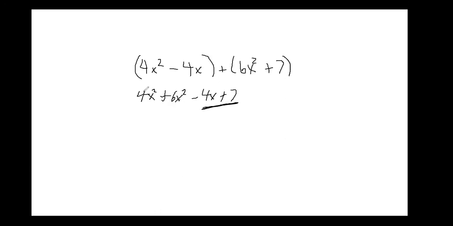Okay? But then we have 4x squared plus 6x squared, so it's going to end up being, we're just going to erase this, 10x squared. Okay?